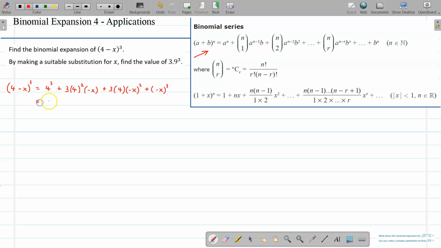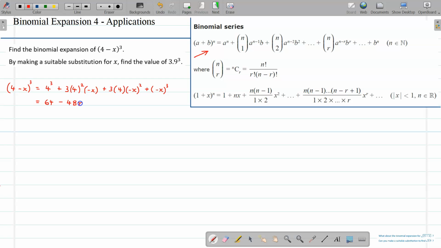So now I'm going to go through this and say, well, that's 64, plus 3 lots of 4 squared, that's 48, times minus x, so it's going to be minus 48x. So at this point I can write a minus sign there and put minus 48x.